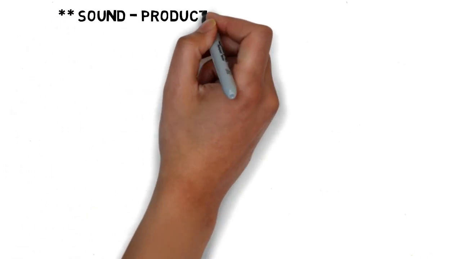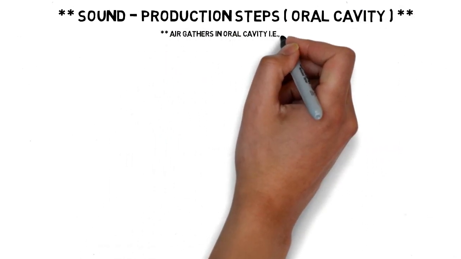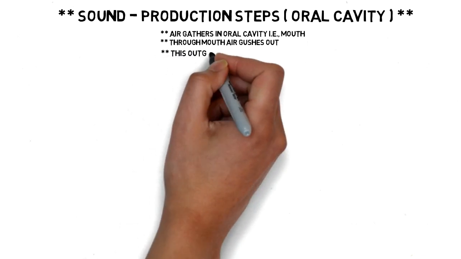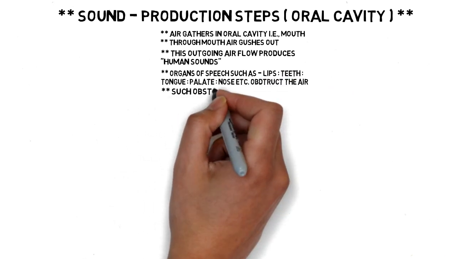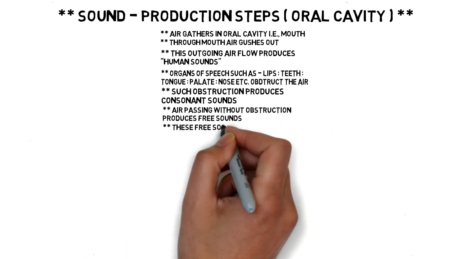After passing through the vocal cords and the windpipe, the air accumulates or gathers in the mouth. This space in the mouth is called oral cavity. From here, the air gushes out of the open mouth.